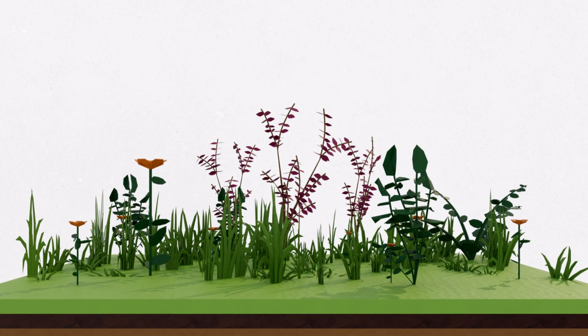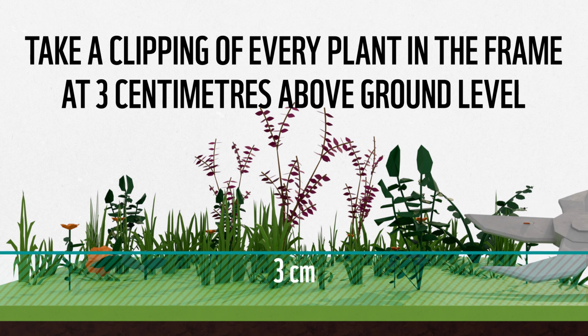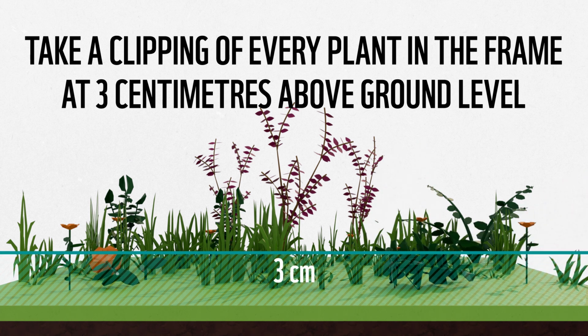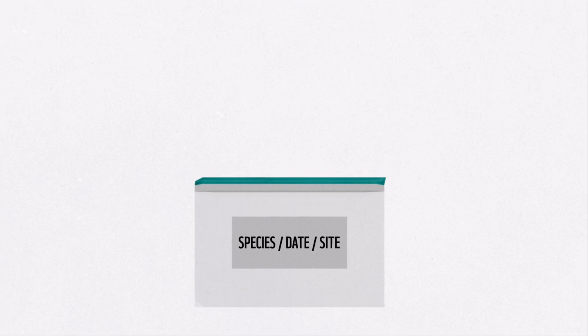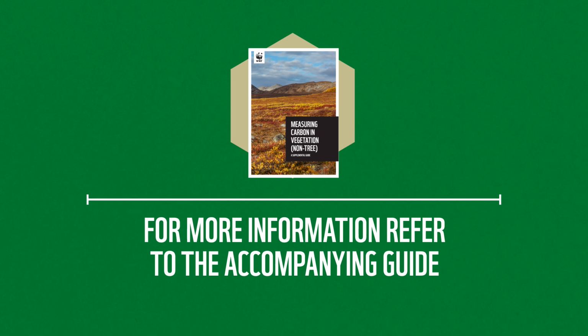Collect samples for all plants in the frame by taking a clipping of every single plant at 3 centimeters above ground level. Put these samples into bags labeled with the species, date, and site identifier or coordinates before transferring to a lab for analysis. For other sampling methods for small vegetation, consult the accompanying guide.